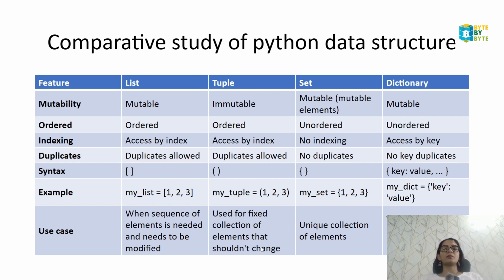Set, where you want a unique collection of elements. Then dictionary, when mapping of key and value is required. So these are the differences between your data structures.